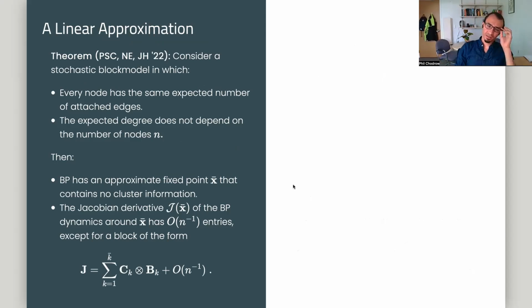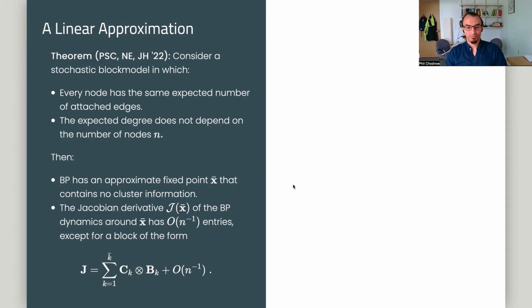So, theorem: if we consider a stochastic block model in which every node has the same expected number of attached edges, and the expected degree does not depend on the number of nodes n, then, and this is all approximate, with high probability as n grows large, there's an approximate fixed point that I'll call x bar. And this x bar is uninformative. It's neutral between the clusters. It contains no cluster information for any of the nodes.